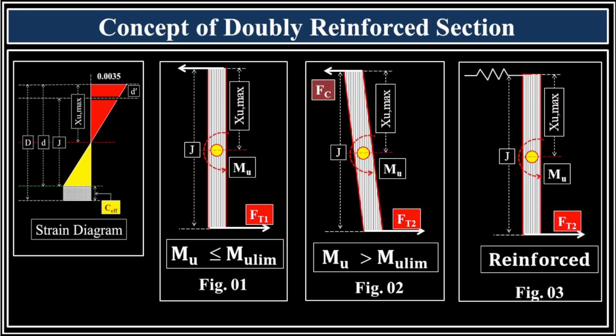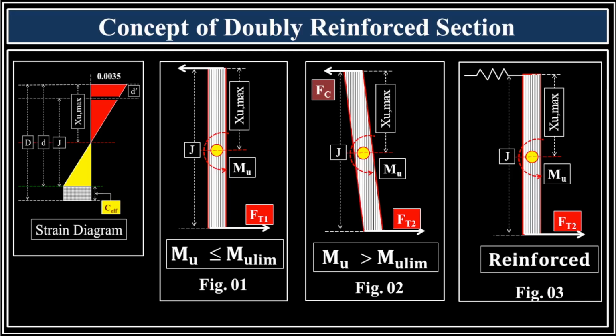This compression reinforcement provides the necessary additional compressive force to balance the increased tension required for the total moment Mu. In essence, the total moment Mu is now resisted by two internal couples: one formed by the concrete and a portion of the tension steel, resisting Mu,lim, and another formed by the compression steel and the remaining portion of the tension steel, resisting the excess moment.